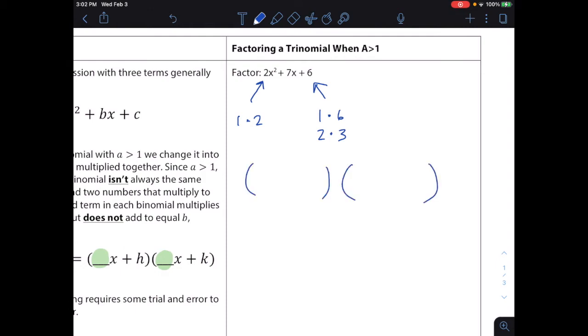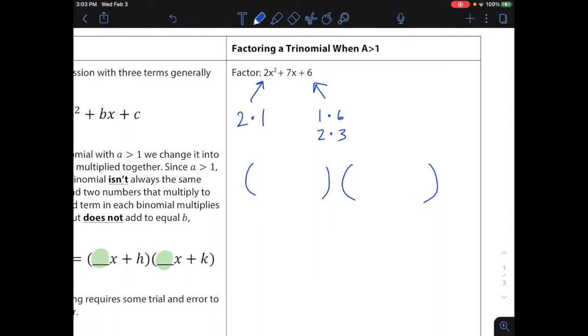So you might have to plug it in, doesn't work, you got to erase, you got to try another one, and that's okay. So in this case, since we only have 1 times 2 on the left-hand side, that means our first term in the binomial is going to be, and I'm going to put them in the order with the larger number first, if that's okay. Maybe let's do this. Let's just make this 2 times 1, so there's no confusion.